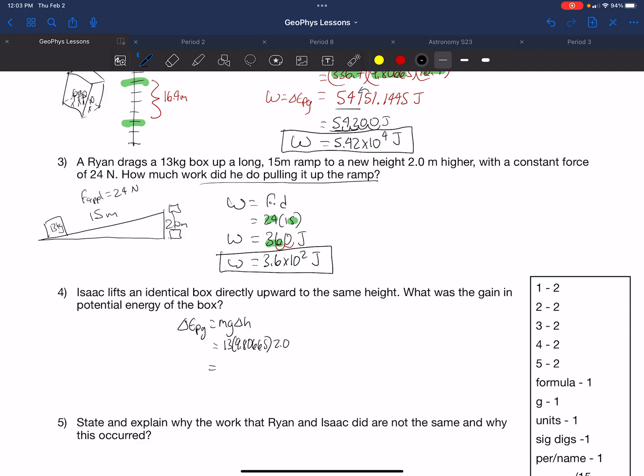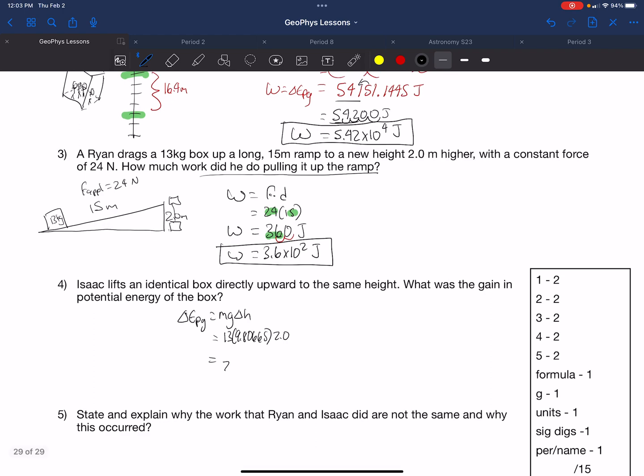So 13 times 9.80665 times 2 gives us 254.9729 joules.